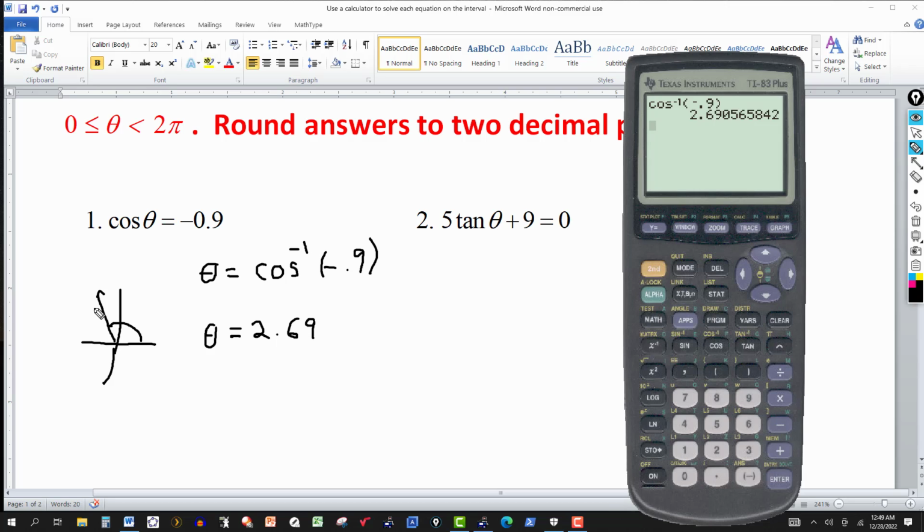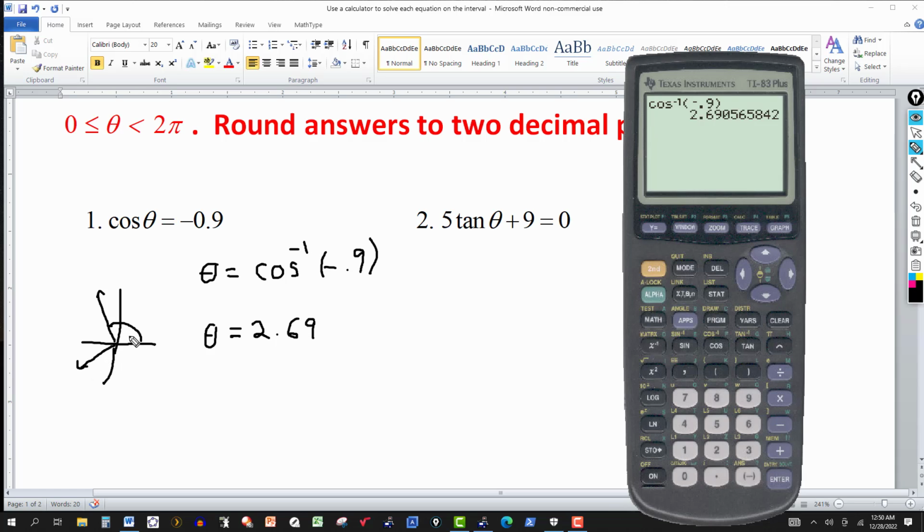In quadrant 2, the cosine is negative, and in quadrant 3, the cosine is negative. Normally when you work these kinds of problems, especially when you don't have multiple angles like 2 theta or 3 theta, you expect most of the time 2 solutions. So the other angle will be somewhere in quadrant 3, because that's where the cosine is negative.